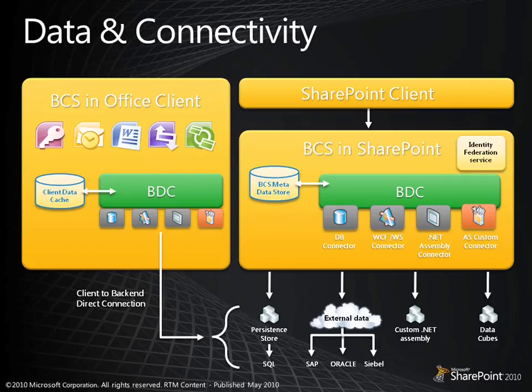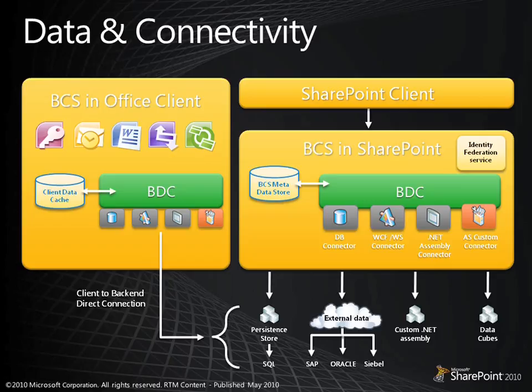The BCS metadata store is a SQL database which is used to store connection information, which describes how to connect to the back-end system. It also includes schema data, which describes the types of data which will be returned. And finally, methods, which define how to operate on that data, such as how we read, create, update, or delete. And finally, we need to know what kind of authentication we're going to use to connect to these back-end systems.